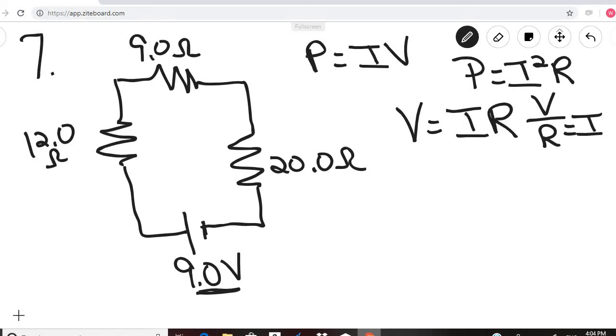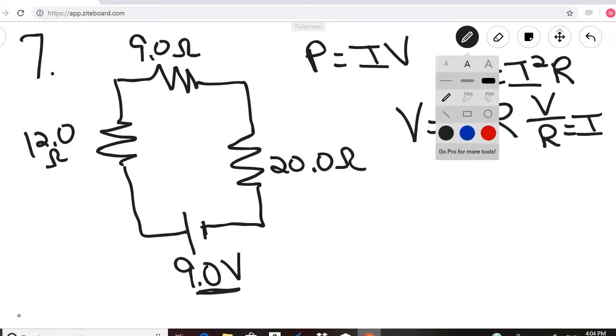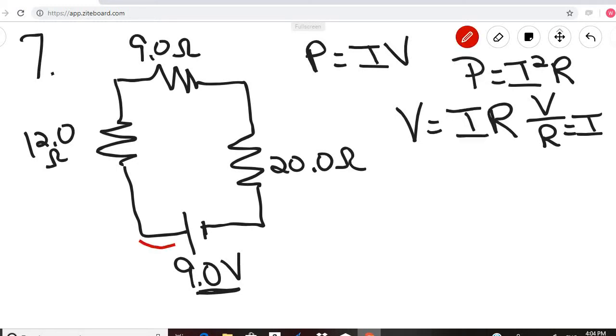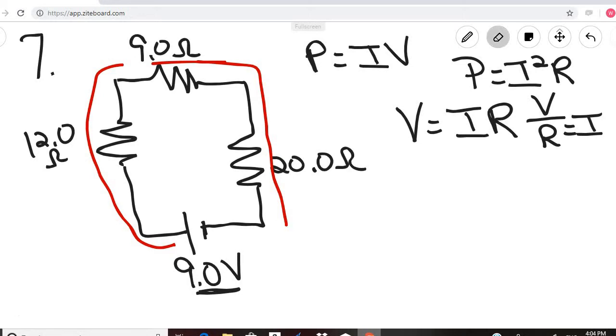And we can determine the resistance. So to go from the positive to the negative side of the battery, the current needs to run through every one of those resistors. That tells us that they are arranged in series.